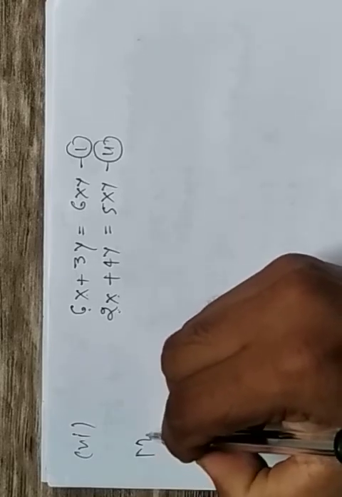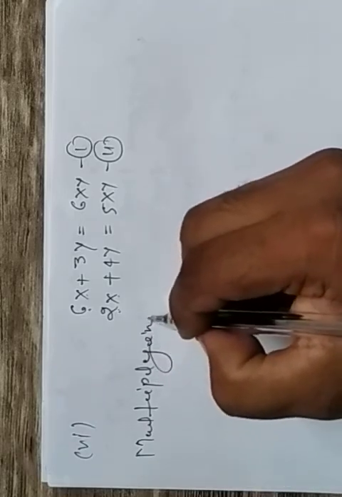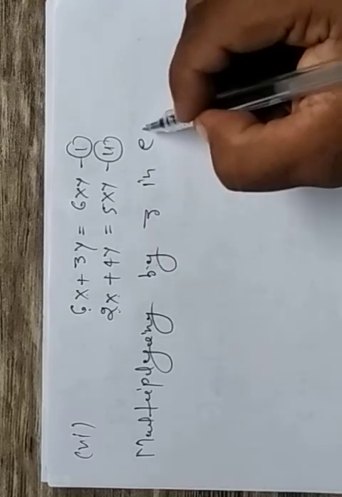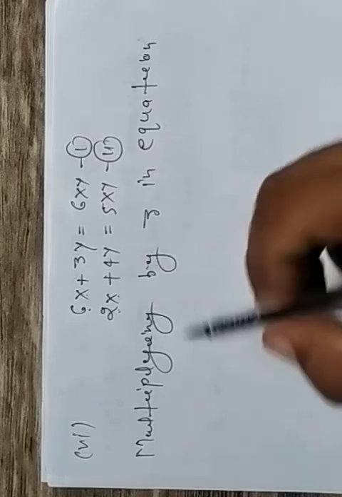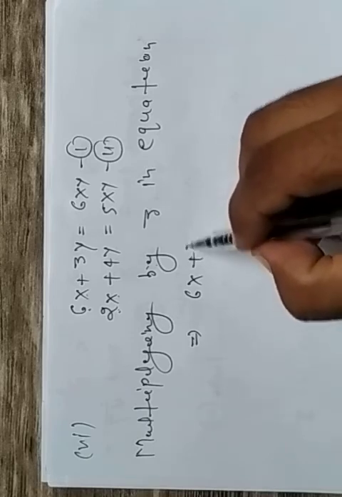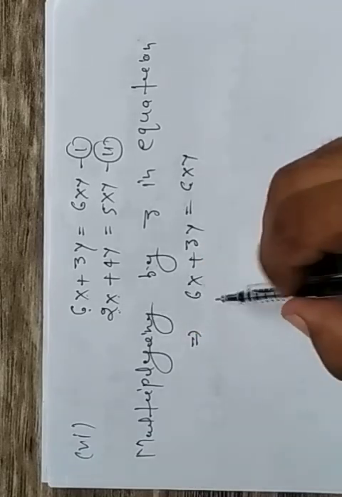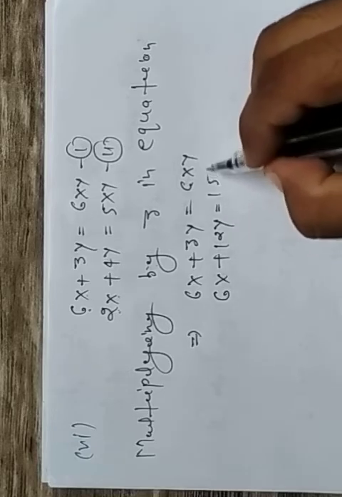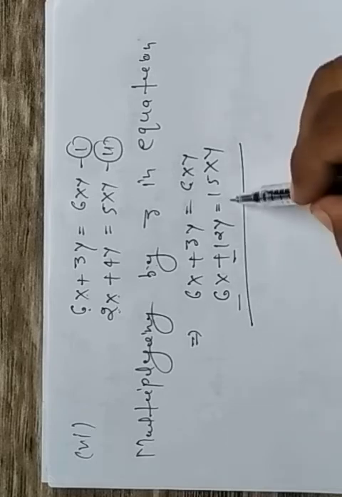Now multiplying by 3 in equation 2, it becomes 6x plus 12y is equal to 15xy, while equation 1 is 6x plus 3y is equal to 6xy. Now change sign.